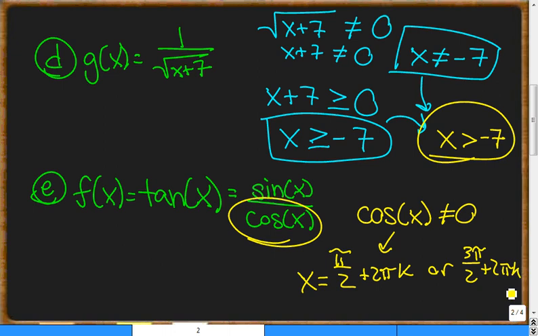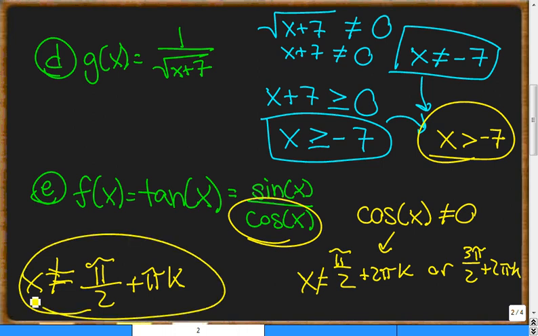Now we can actually combine these together to create pi over 2 plus pi k, but you can make that simpler if you want. But basically, if x is pi over 2 or pi away from that in any direction, you're going to end up not having a tangent value, so you're not going to be able to have those.